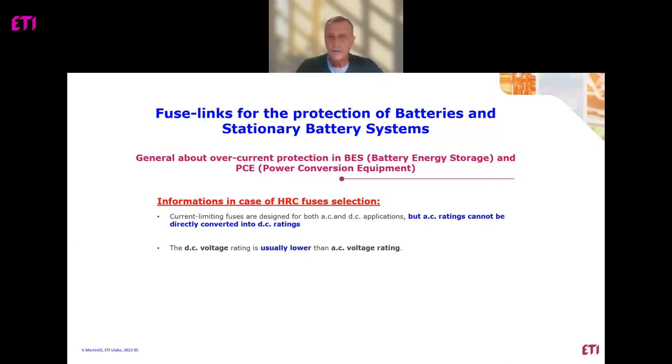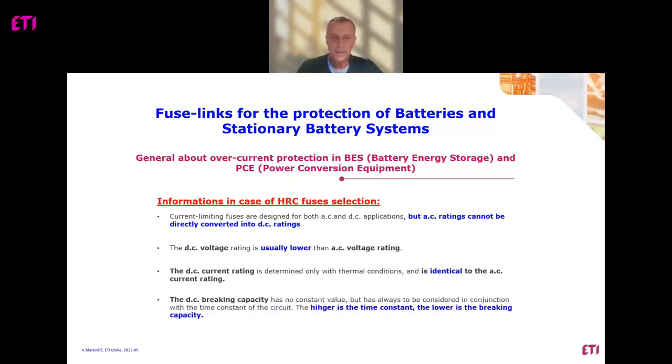DC voltage is usually lower than AC voltage. Regarding currents, the DC rated current is usually identical to the AC current of the same fuse. So there are no changes.